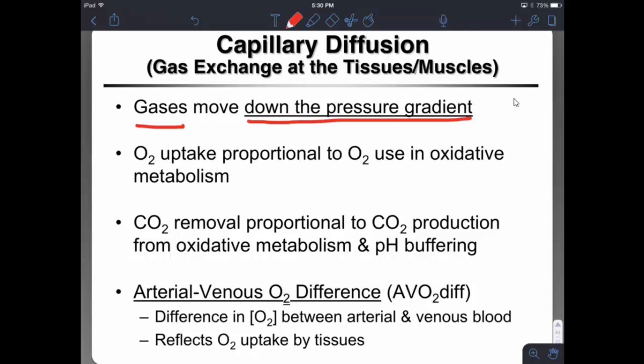The other thing I want to point out is that the amount of oxygen that's taken up is going to be proportional to oxygen use, right? So the PO2 in the muscle is going to be affected by how much oxygen the muscle's using, right?